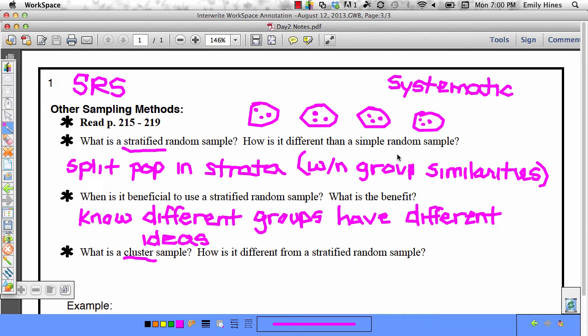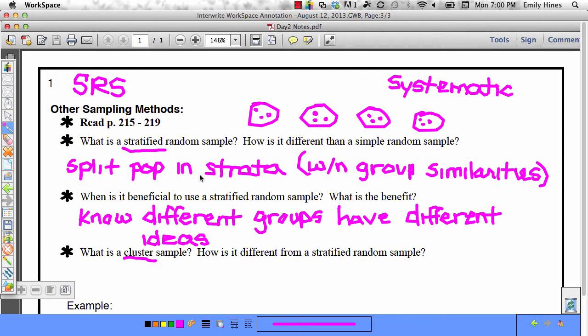That way I make sure that I call some cell phone users and some landline users. If I just did a simple random sample, theoretically I could get all of one kind or the other. So in a stratified random sample, the benefit is that I know that every group is represented.